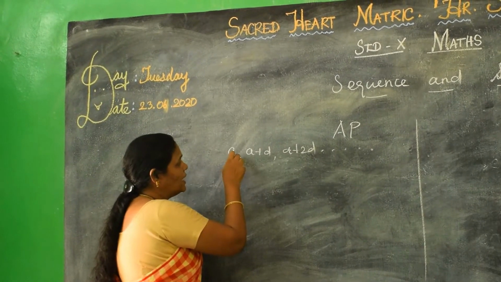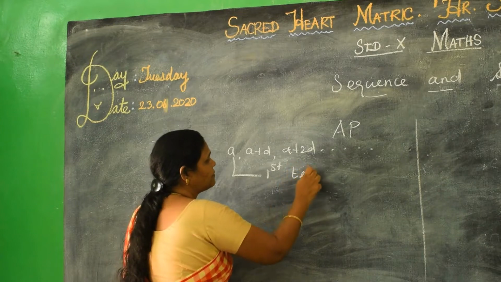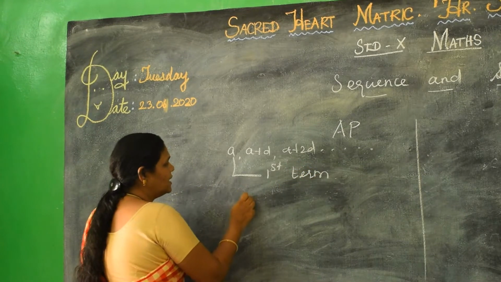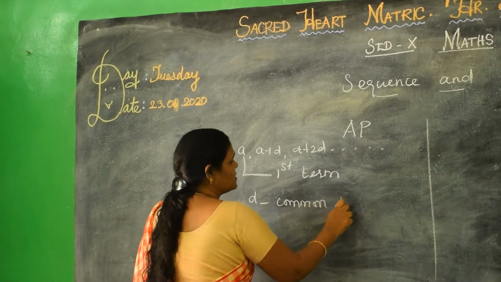What is A? A is the first term. What is D? D is the common difference.